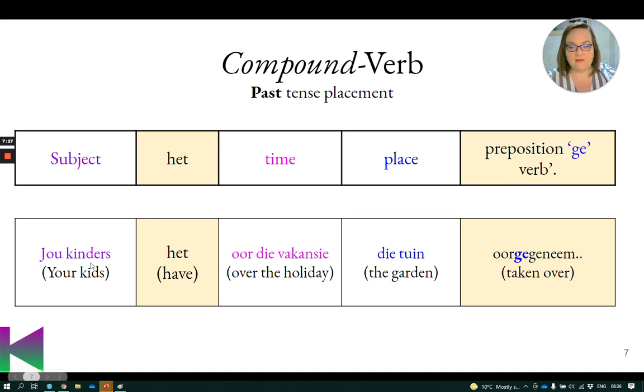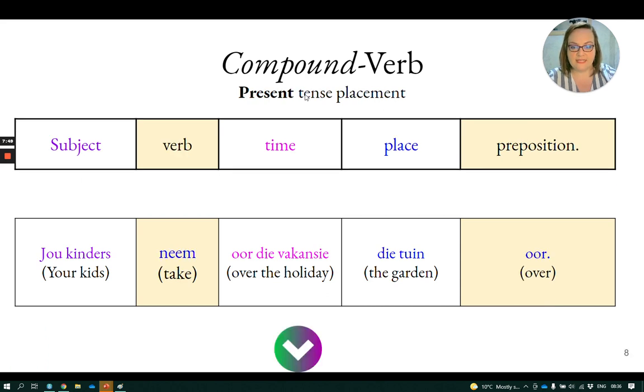So, jou kinders het oor die vakansie die tuin oorgeneem. Your kids took over the garden over the holiday. Oorgeneem. So you're just popping the ge before the verb, but also after the preposition, in the middle of the word.